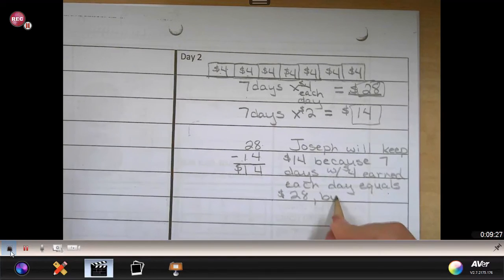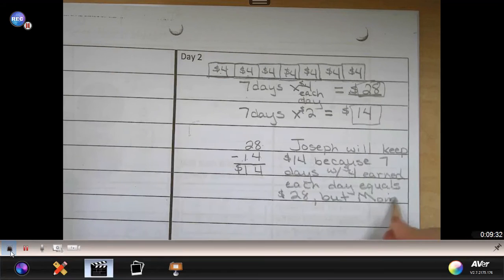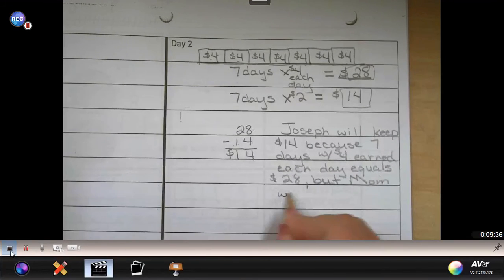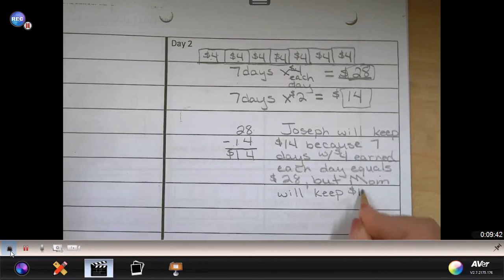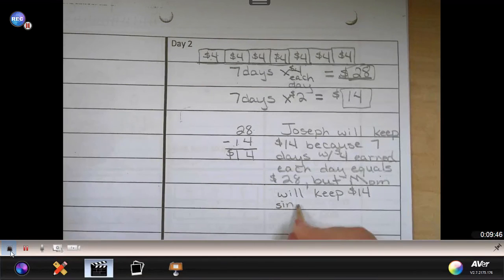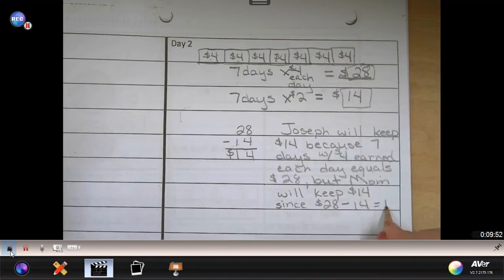But Mom, and I'm going to capitalize Mom because we're using it like her name, Mom will keep $14 since 28 minus 14 equals 14.